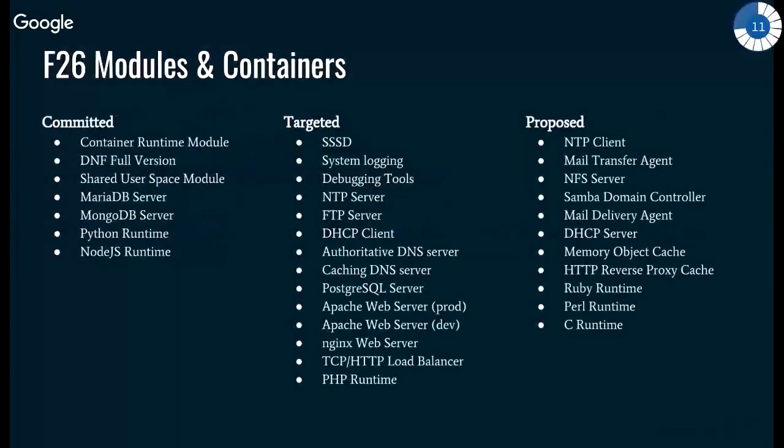All right, and here is the punch list of things that we expect to do by F26. Committed means we are definitely doing this. So the container runtime module is worth mentioning. We keep talking about using a bunch of containers. Well, we need a module that will actually run those containers. Likely this will just be Docker at this point.